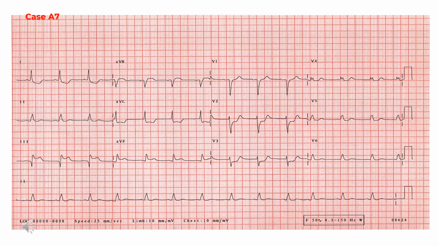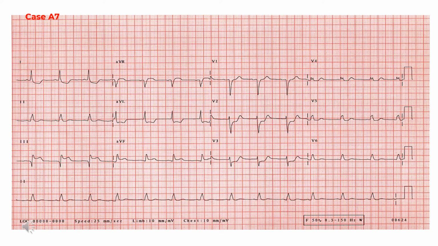Case 7. The ECG shows the raised ST segments of acute myocardial infarction in leads 3 and AVF. There is a pathological Q wave in lead 3. There are widespread ST segment changes, horizontal ST depression in leads V2, V3 and V4 and downsloping ST depression in leads I and AVL associated with T wave inversion.